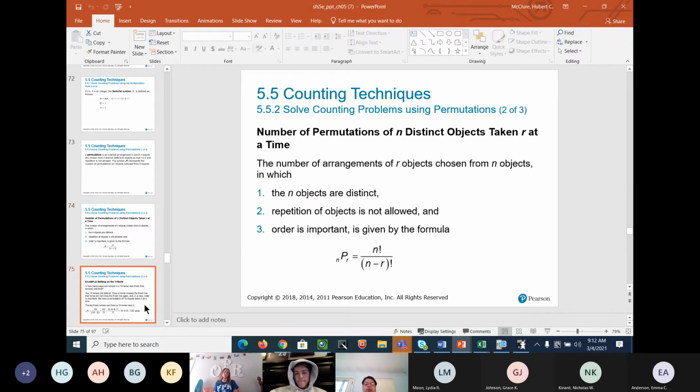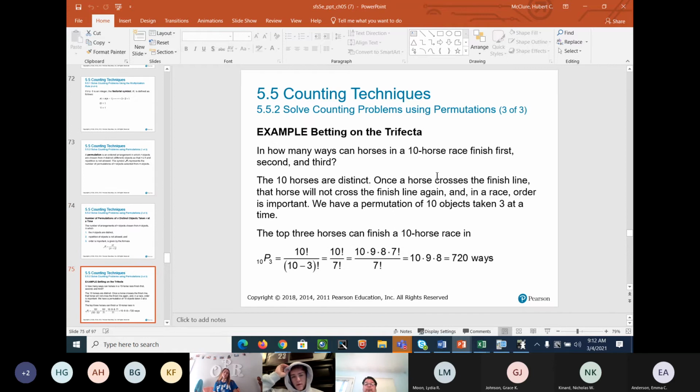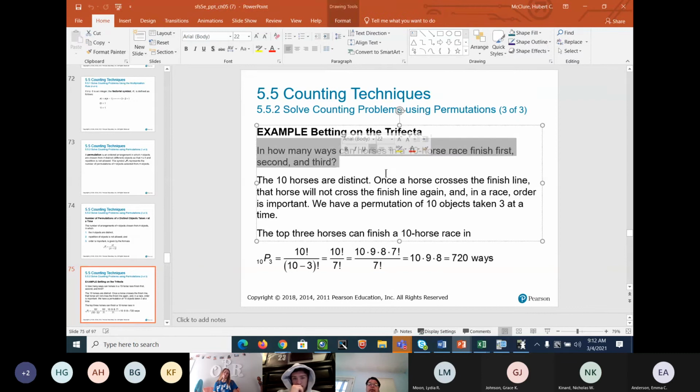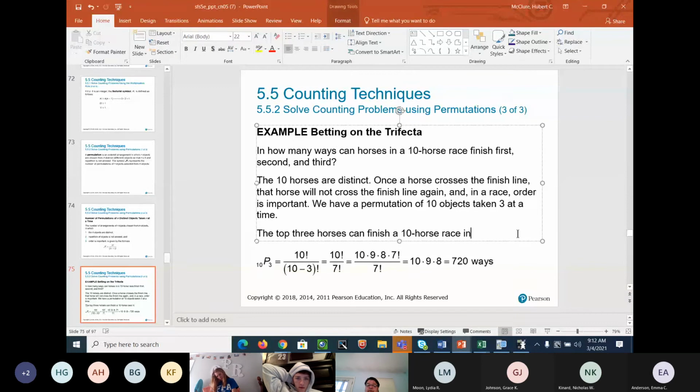Next, there is the example. Write that down because this is a standardized test question and it's also a test question for me. In how many ways can a 10-horse race finish first? It's called a trifecta. First, second, and third. Get out your handy-dandy calculator.